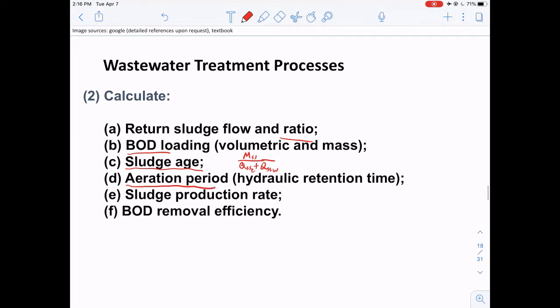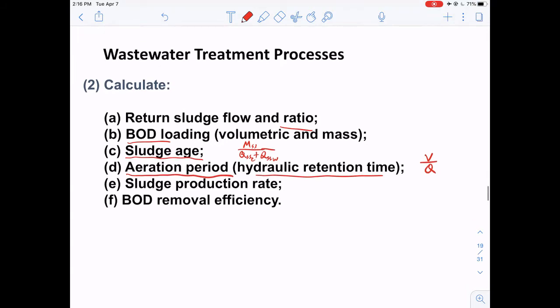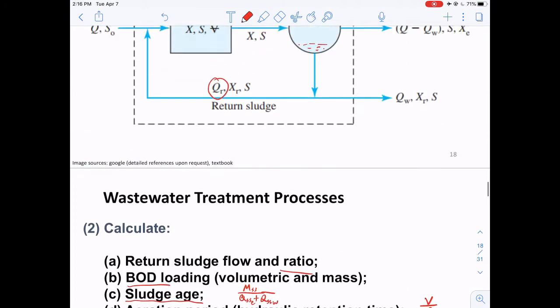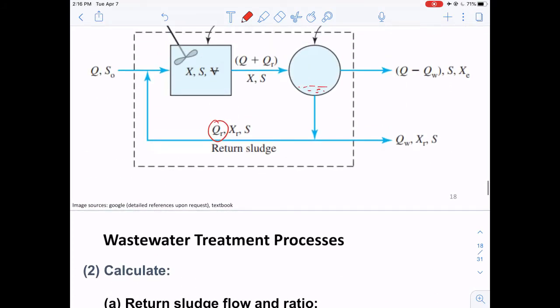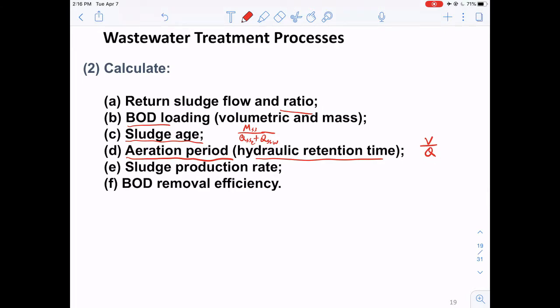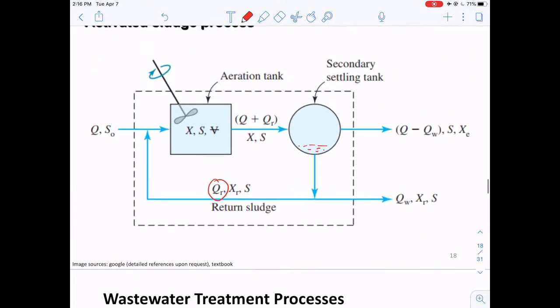We should also calculate the aeration period, which is just the hydraulic retention time. Remember, we can calculate that by dividing the volume of the aeration tank by the flow through the aeration tank. We can also calculate the sludge production rate, which is at the bottom of the secondary clarifier, and also the BOD removal efficiency.